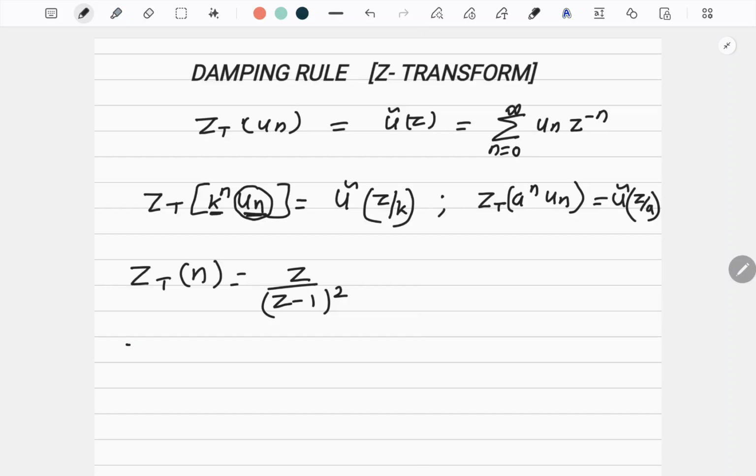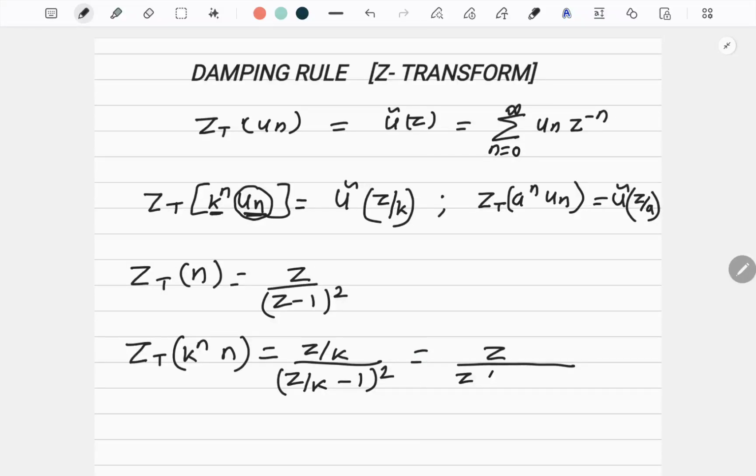Now if I ask you what is the Z transform of k to the power n into n. So what I will do, in place of z, I will write z by k. So z by k upon z by k minus 1 whole square. So this becomes z by k, and here z minus k, take the LCM in the denominator, and this will become z by k upon (z minus k) whole square over k square.